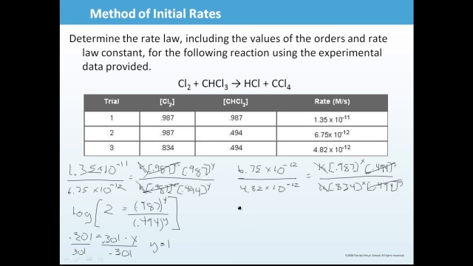And now we're going to figure out the X there. So we got 6.75 times 10 to the negative 12 divided by 4.82 times 10 to the negative 12.